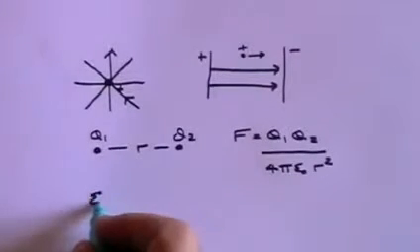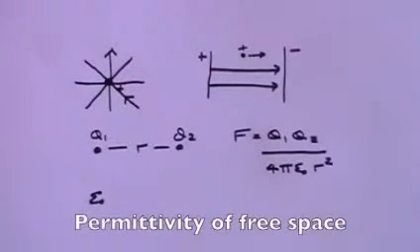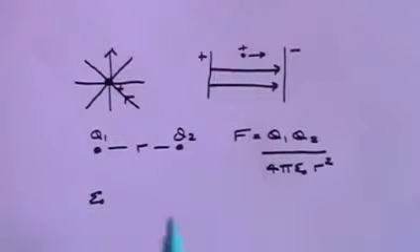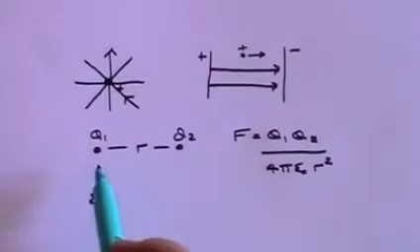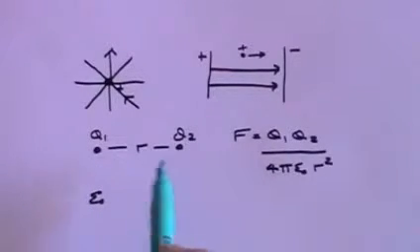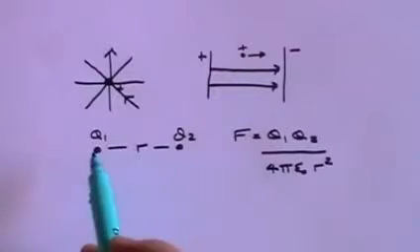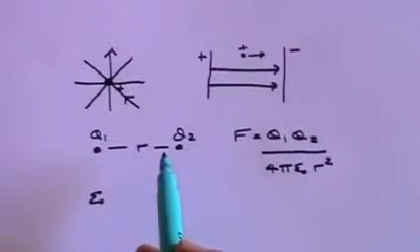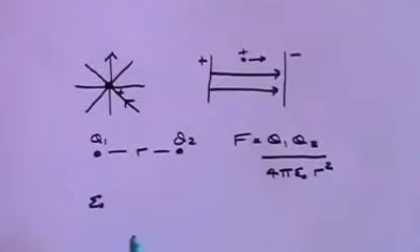Epsilon naught is what is called the permittivity of free space, or if you've got an actual material between the charges, it will be the permittivity of that material. But most of the time we've got either air or vacuum, and for all practical purposes they are the same.